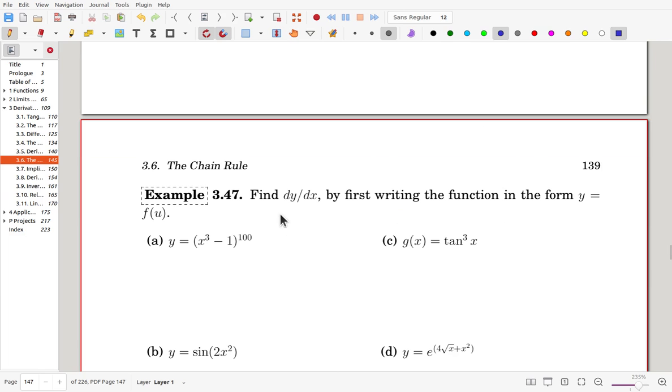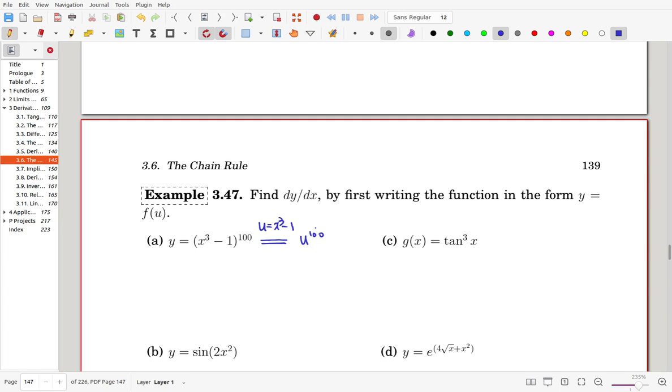Now we'll find dy over dx, and again, first write the function in the form of f of u. That can be written if we use u equal x cubed minus 1, so y equals u to the 100.